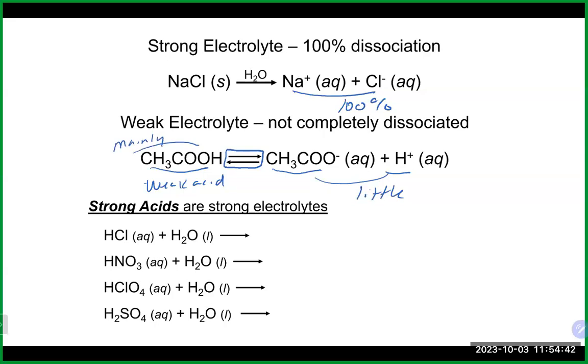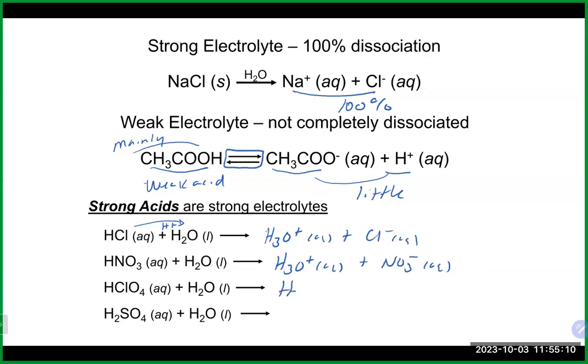Now, strong acids are strong electrolytes. So in this case, we do have water in the equation, which means in each of these cases, our H plus is going to donate the water over there. Our acid is going to donate it, and that will give us our H3O plus and, in this case, Cl minus. This will give us H3O plus and NO3 minus.